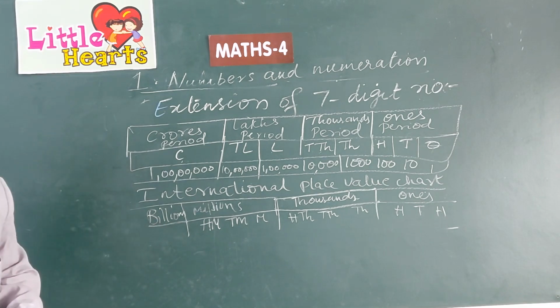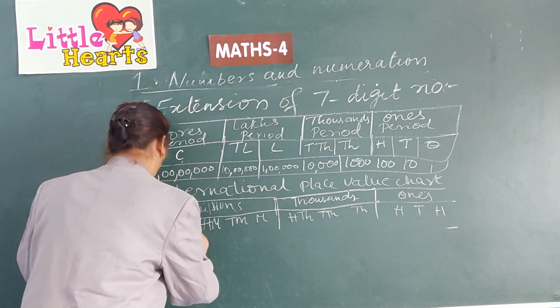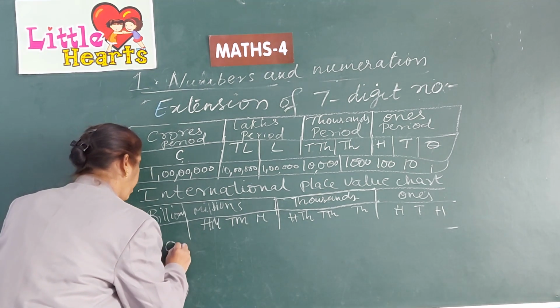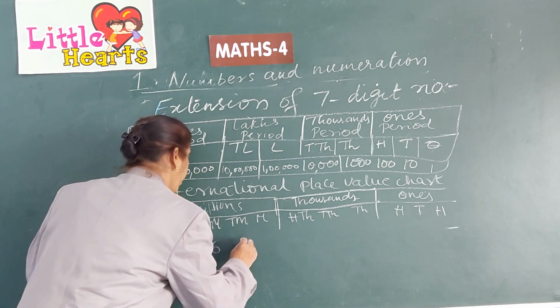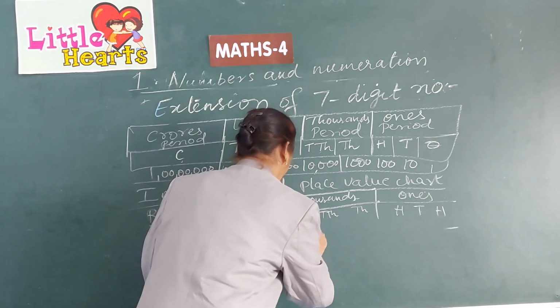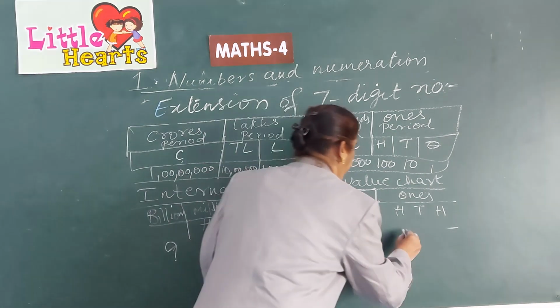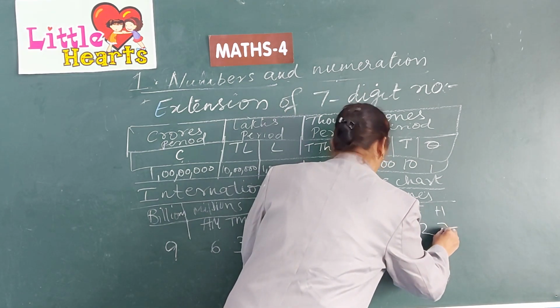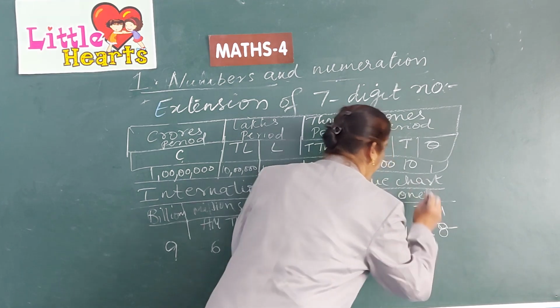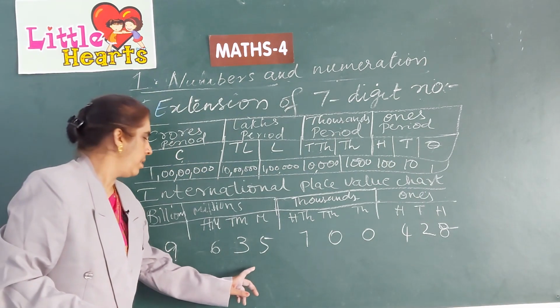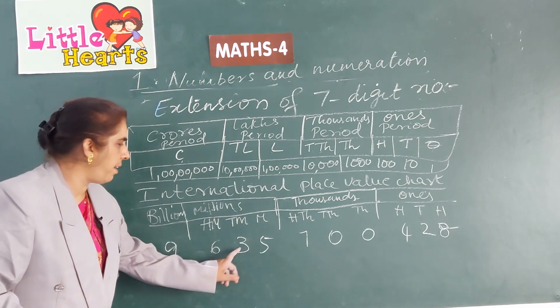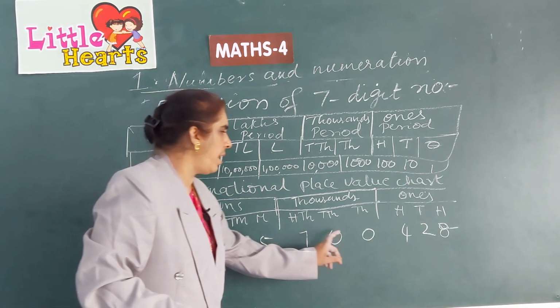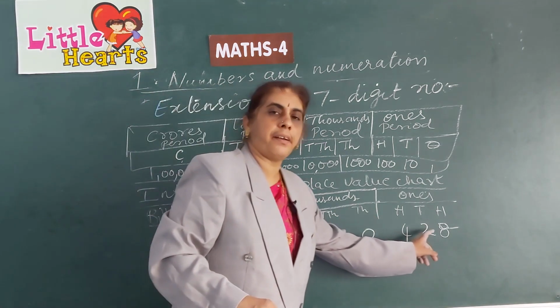In international system, let us write a number. See this, 9,635,700,000 and 428.